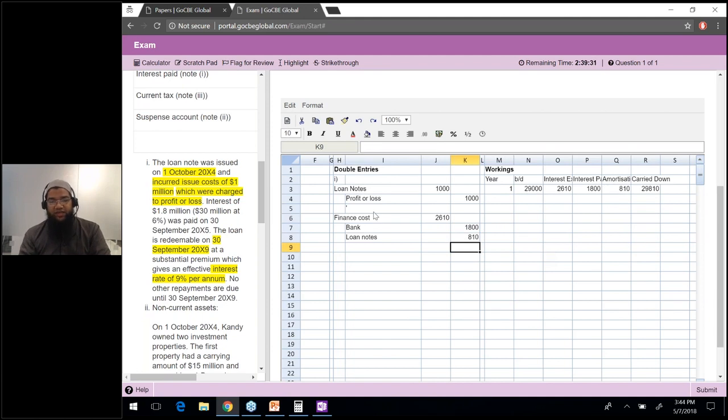So this will actually increase my financial liability to 29,810. 30,000 minus 1,000 plus 810 will bring my liability to 29,810. So this was expected from the students in adjustment number 1.